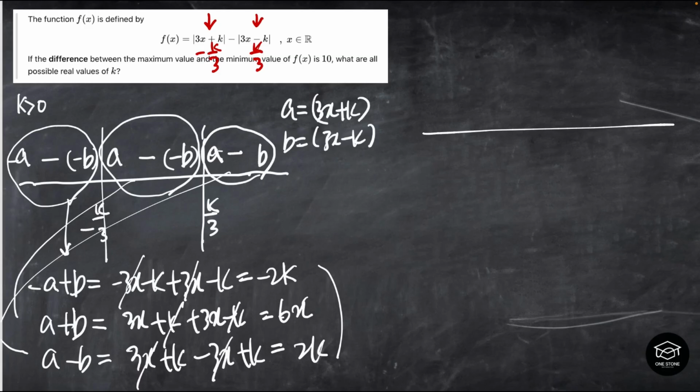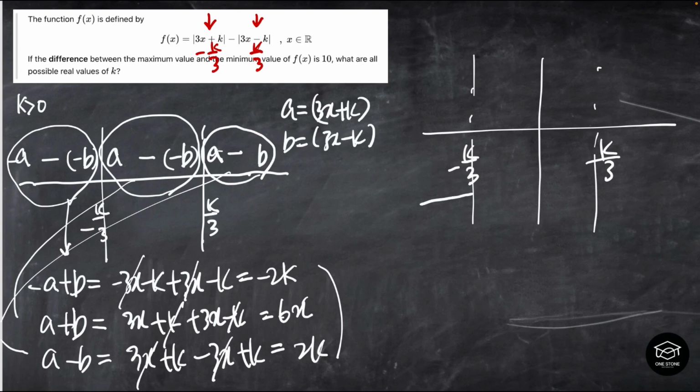Let's now summarize the overall behavior of the function. In the first interval, where x is less than negative k over 3, the function is constant and equals negative 2k. In the second interval, between negative k over 3 and k over 3, the function is linear and equals 6x.